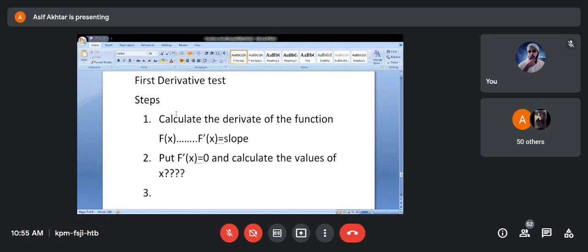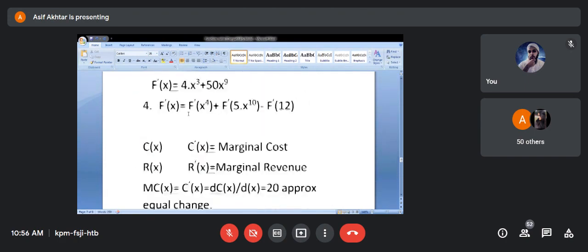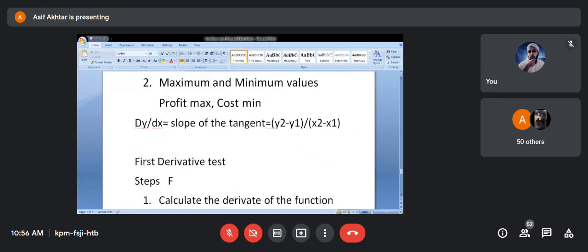So if we have any function, suppose we have the function as we have done in the previous case, f(x). Let's take the old function that was above. I'll take the function I just showed you.